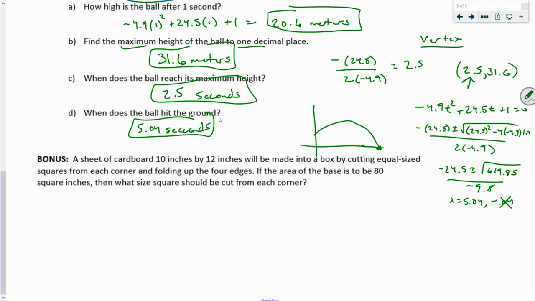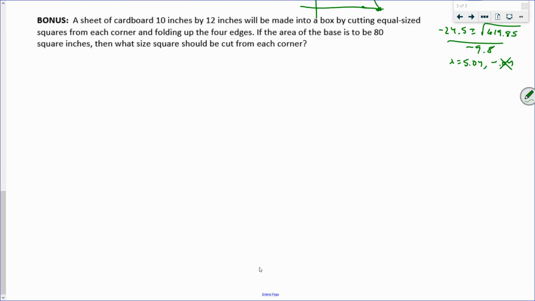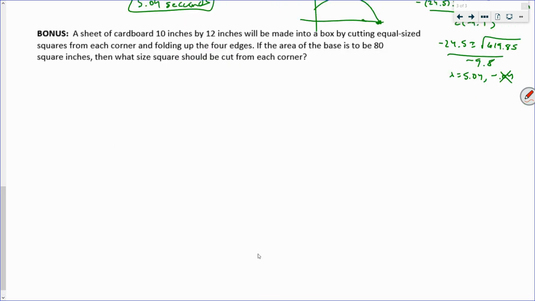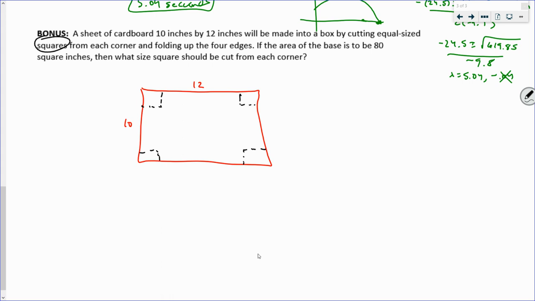Okay, maybe my favorite problem on the whole test was the bonus. The sheet of cardboard is 10 by 12. We want to cut out equal size parts of the corner. It's going to be a square, so we don't know how big, but it's x by x.